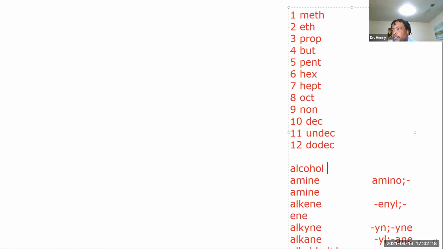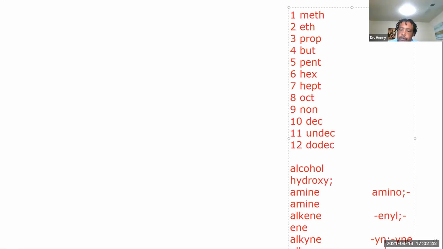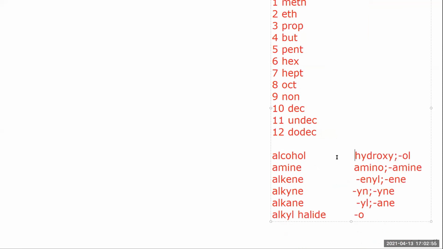Okay, so we have alcohols. For alcohols, the prefix would be hydroxy, and then the suffix would be -ol, like methanol.